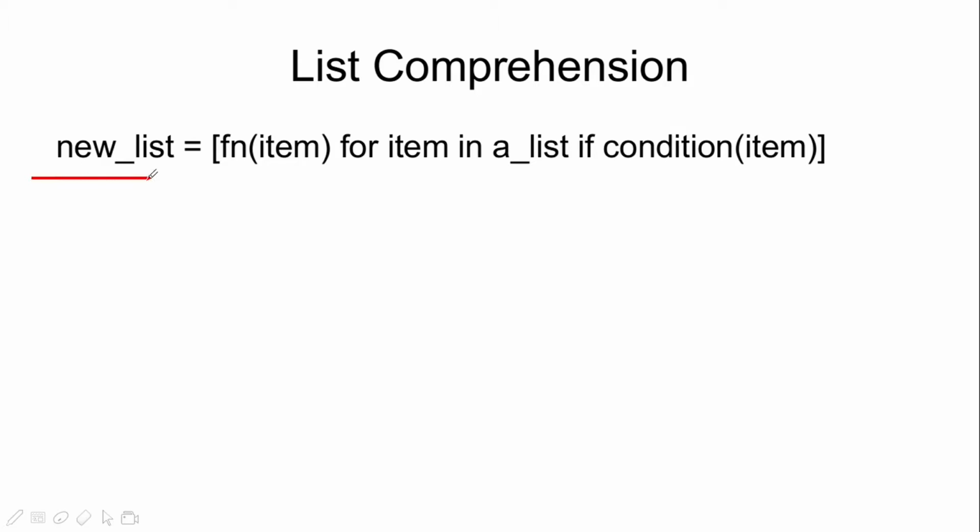So, for example, we will create a new list. This list will be based on applying a function on an item, where this item is the element of a list. Okay, so let's fire up our Jupyter notebook and start exploring lists.